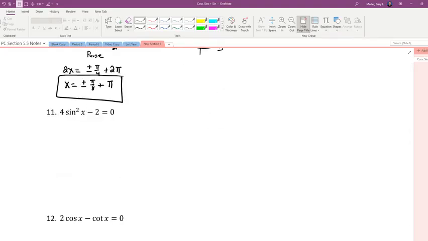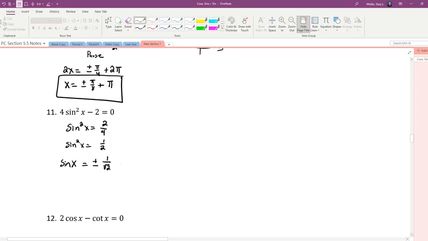All right. Add 2, divide by 4. Sine squared x equals 2 over 4, or 1/2. I'm going to take the square root of both sides, and I get sine of x equals positive and negative 1 over the square root of 2.